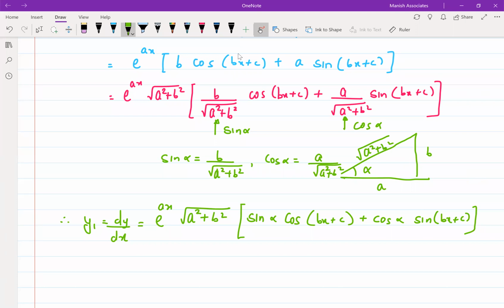So if you carefully observe, in the example you'll see you have sine a cos b plus cos a sine b. And you know that this has to be written as sine of a plus b. So this comes e raised to ax, this comes a square plus b square raised to half times sine of bx plus c plus alpha. This is your first relation. Clear? Everybody? I hope you all have followed this concept, right?